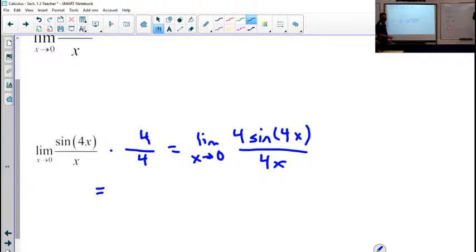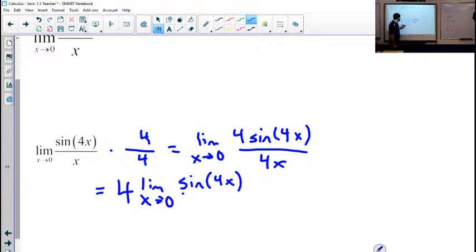So this 4 here can come out in front of the limit, because this is 4 times this limit, so we can take that constant and bring it out in front. 4 times the limit as x approaches 0 of sine of 4x over 4x.